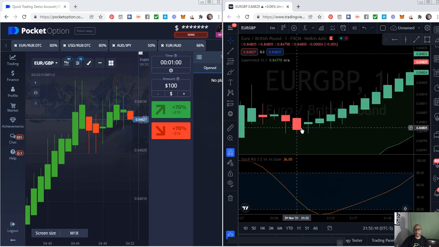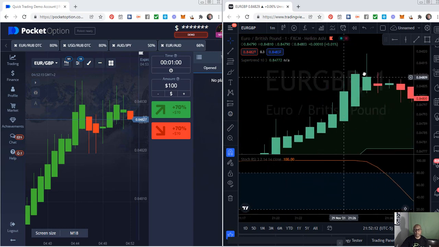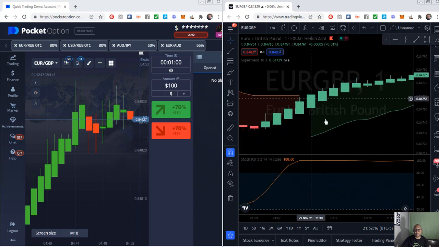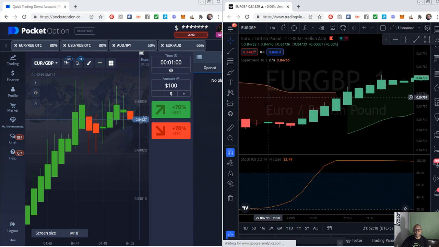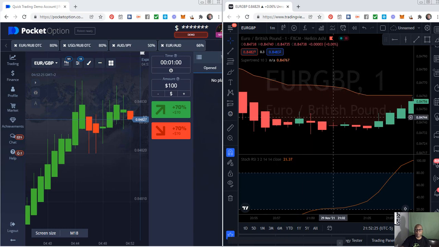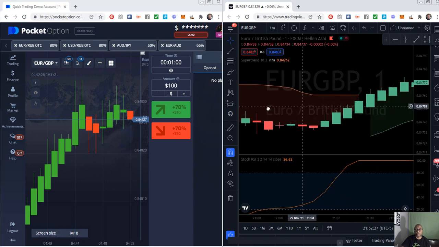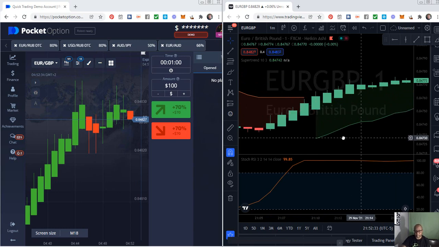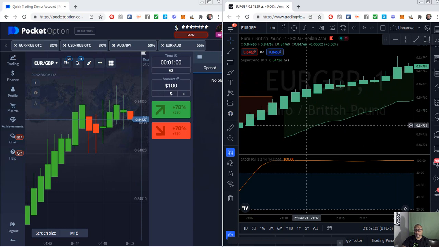The cool thing about the Super Trend, as I mentioned earlier, let me show you guys. This is, as you can see, an uptrend. This is a downtrend. What I love about it is that whichever way the trend is in the background is highlighted, so it just gives you a visual on the movement of the trend. All right, now another thing I want to show you guys is we're in this uptrend.